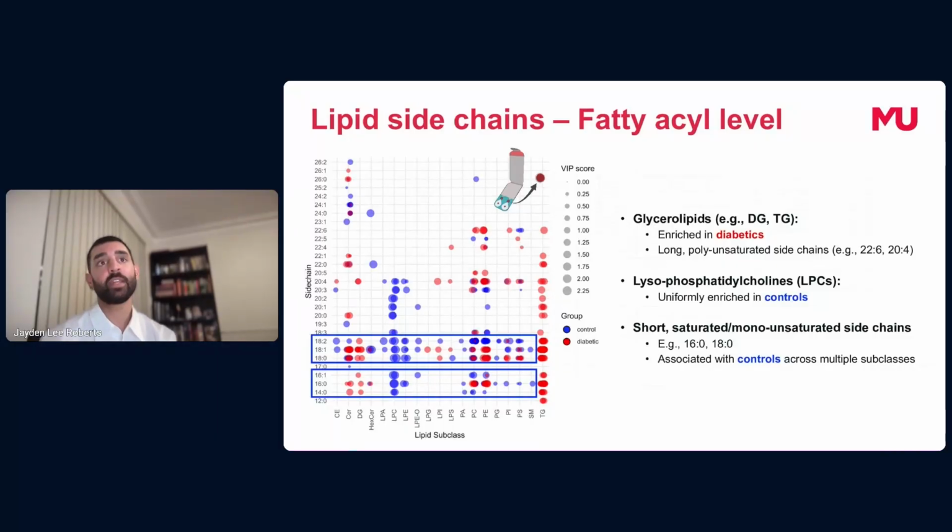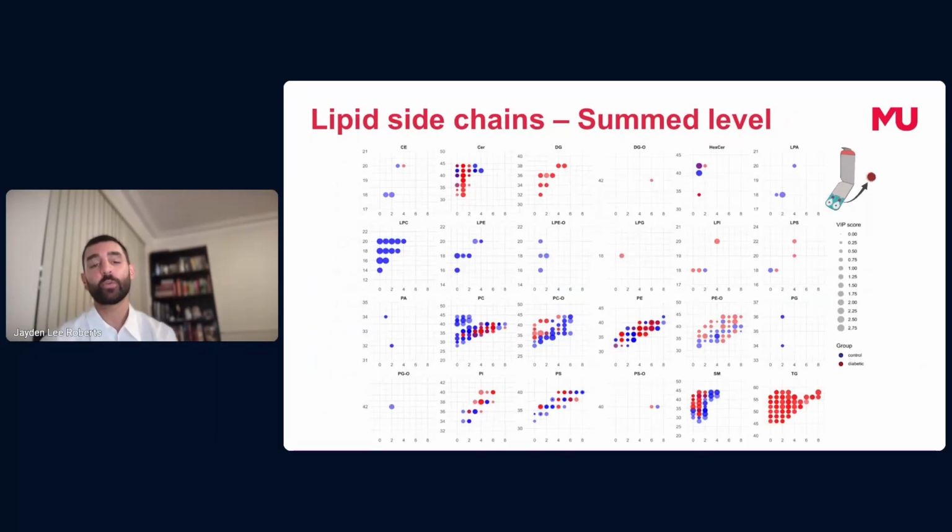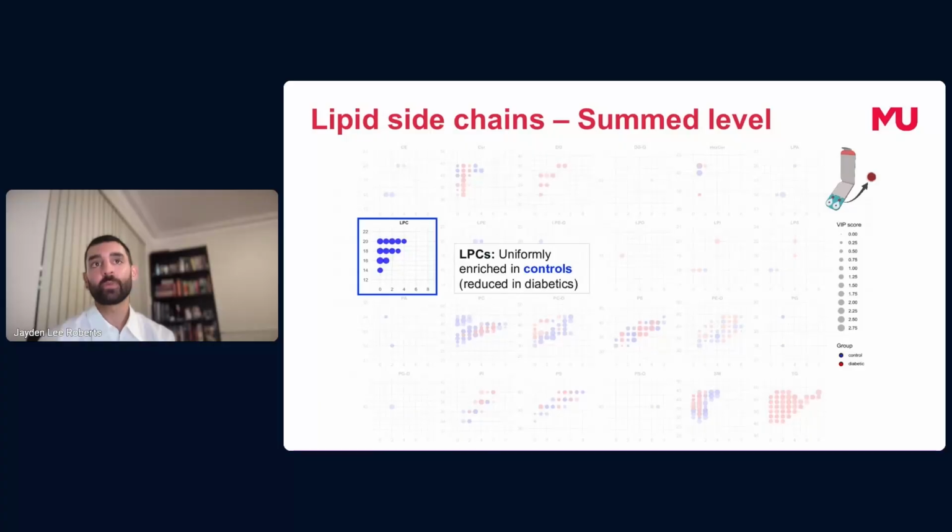Continuing this, I then summed the side chains of lipid species in order to examine how the total degree of unsaturation and summed acyl chain carbon content appears across the different lipid subclasses. And again, quite nicely, what we can see here is that the LPCs ubiquitously are higher in our controls for all acyl chain lengths and degrees of unsaturation.